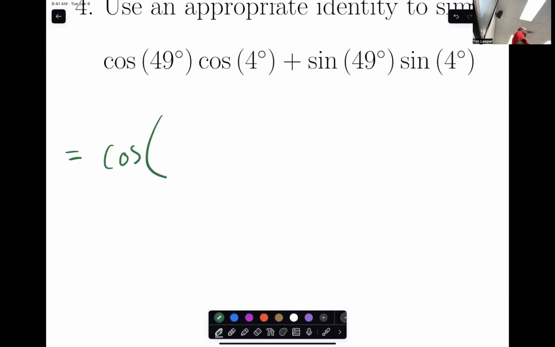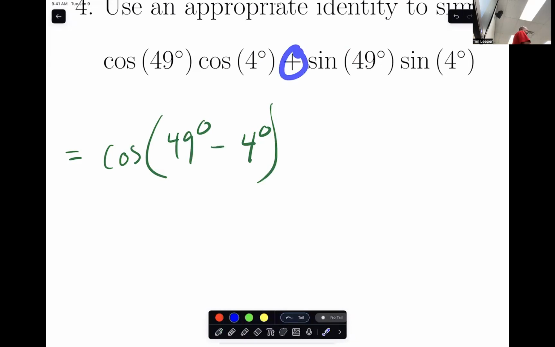So this is going to be cosine of 49 degrees and either plus or minus 4 degrees. Should I use plus or minus 4 degrees? Minus. Why? There's a plus between. The plus means we use the opposite, which gives us minus.